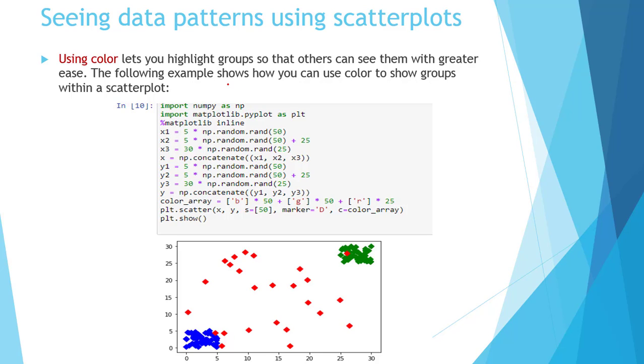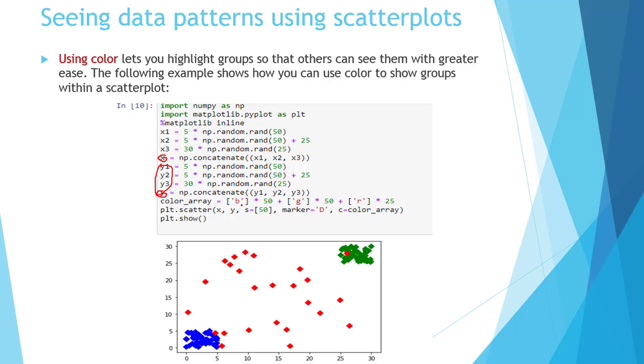So to show the color for each and every group, we have to specify the color. So first of all, see here, as in the previous example, we have generated x1, x2, x3 and concatenated into x. After that, we have generated y1, y2, y3 and concatenated into y. And then after that, we have specified the color array for each of x1, x2, x3 and y1, y2, y3.